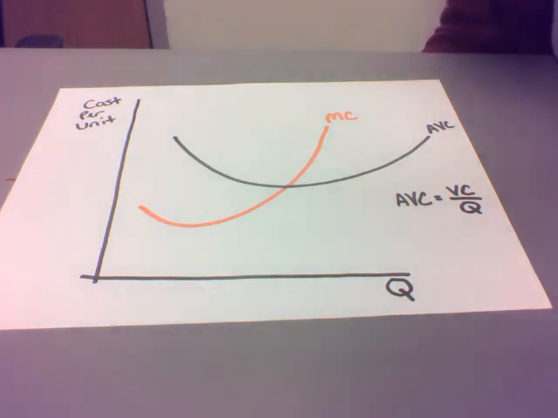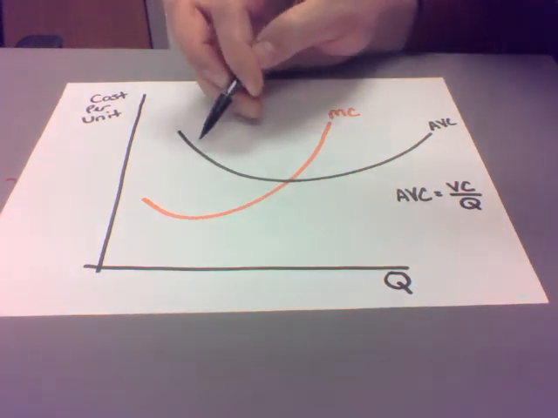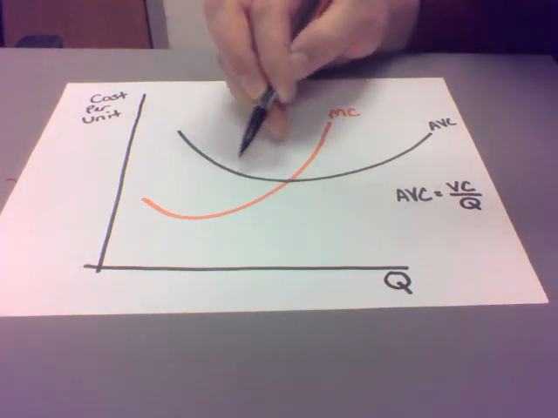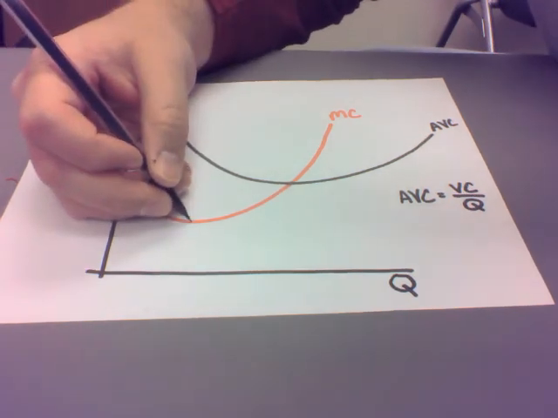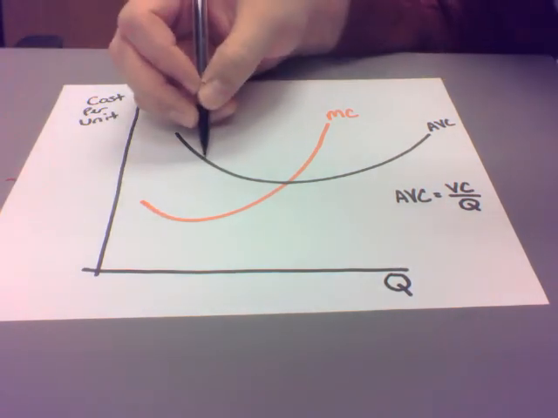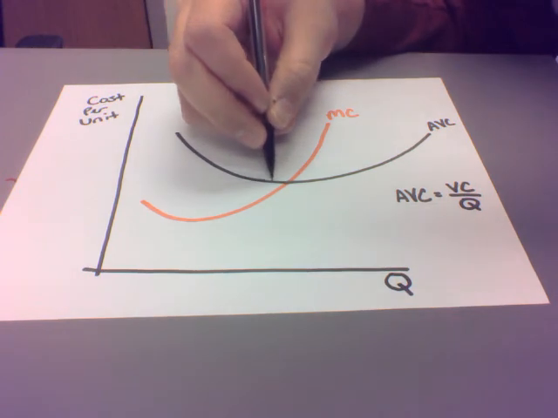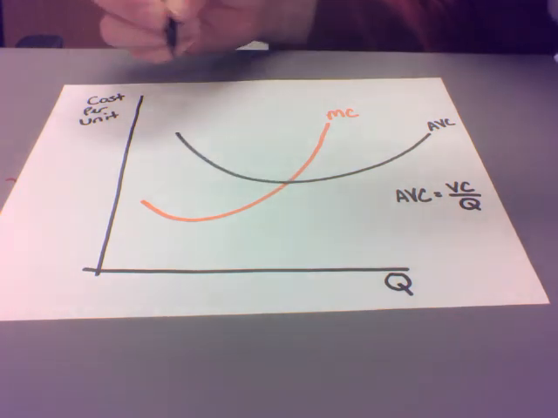If your average test grade is a 90, but then on your next exam you make a 60, that's going to be dragging down your average, which is basically what we see here. This would be a case where your average is above your marginal, and so long as that is the case, it's dragging down the average.